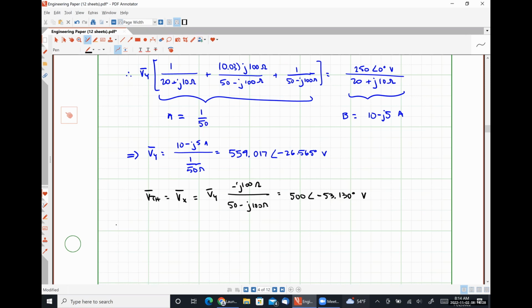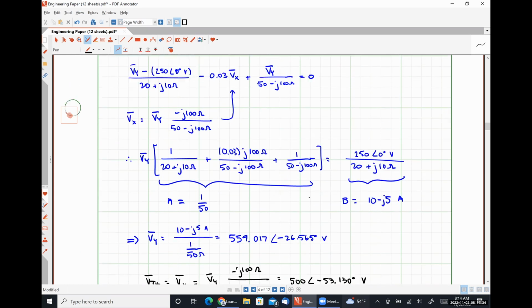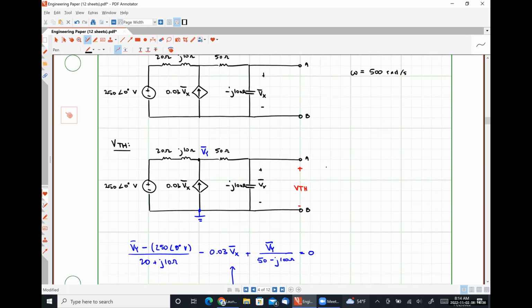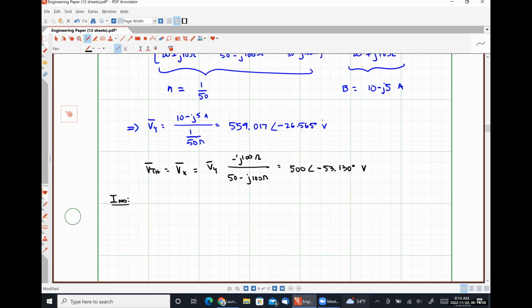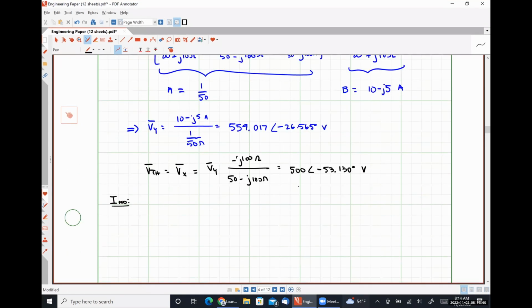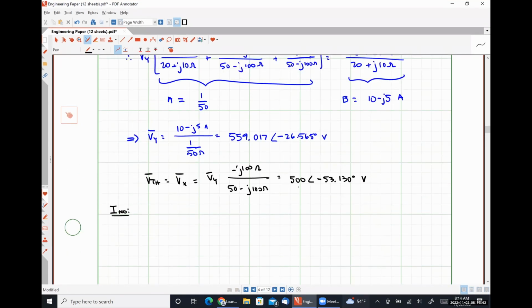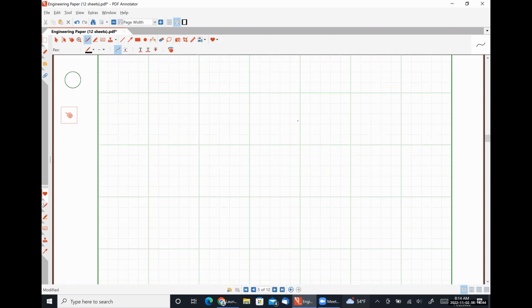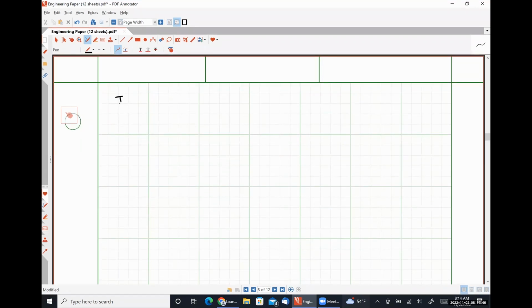Now let's solve for I Norton. So to solve for I Norton, I'm going to copy my circuit down here again. Let's do it on the next page, actually, so that I have enough room.